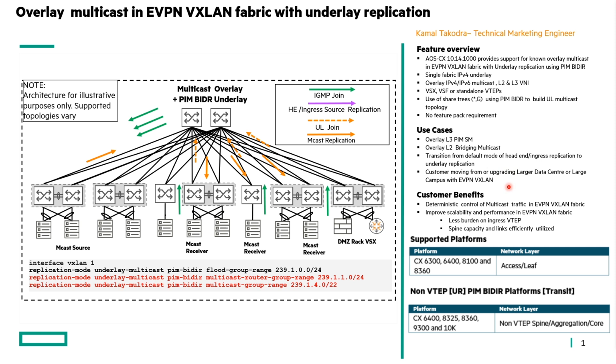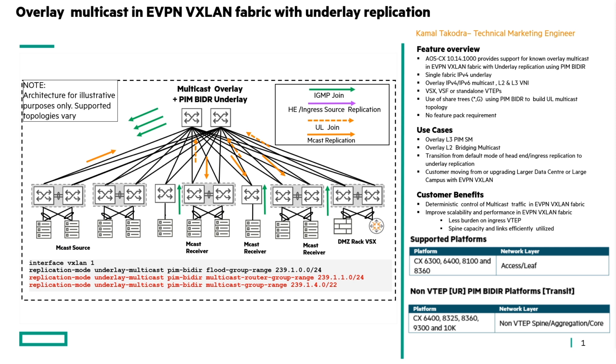So it's great for a customer who's moving from or upgrading a larger data center or large campus with EVPN VXLAN fabric, who can move to this type of underlay replication. Overall, the customer benefits are deterministic control of the multicast traffic in the fabric. We can improve scale and performance in the EVPN VXLAN fabric. Overall, it means there's less burden on ingress VTEPs, and spine capacity and link efficiency are better utilized.